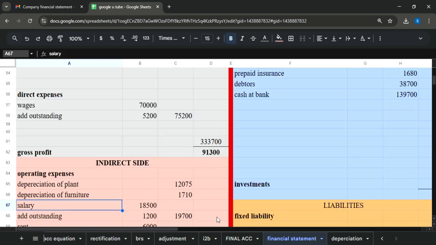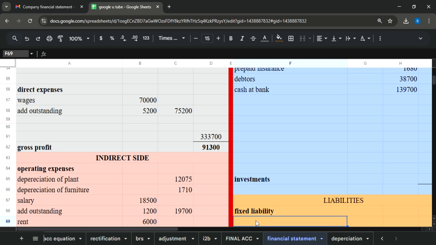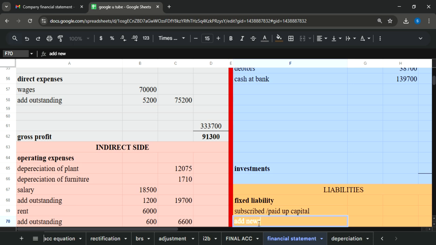Now you will go to fixed liability side, and here first you will mention your subscribed and paid up capital or paid up capital, and then you will add net profit.